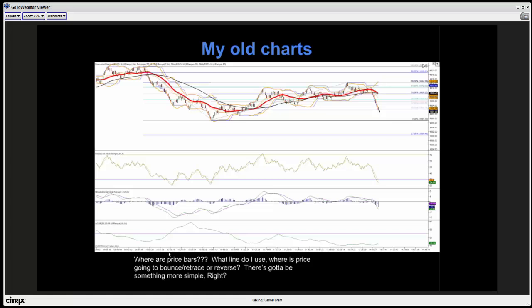Bars didn't make sense to me. I began to look at highs and lows, how one bar compares to another, and lo and behold, I found that there was a pattern behind this. I found supply and demand.